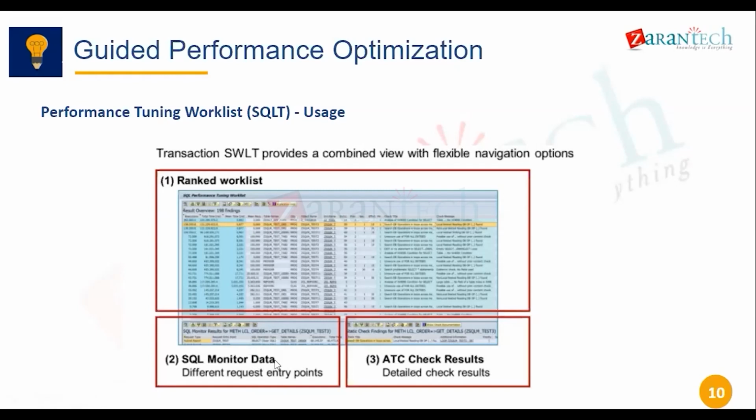What are the different entry points? What are the different methods? What is the class which has been used? Everything you can see. To the right side, you can also see the ATC check results. ATC check results are more specific to a statement, like select star, order by, usage of native SQL statements. All those things, from a code perspective, will be shown in the ATC checks, right?